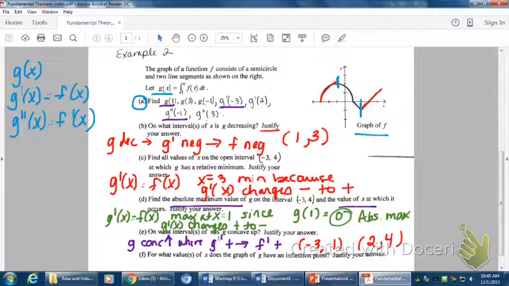So there's an inflection point at x equals -1 and x equals 2 because g double prime changes sign. You could say that f prime of x changes sign if you wanted to, or you could say because concavity of g changes at those two places.